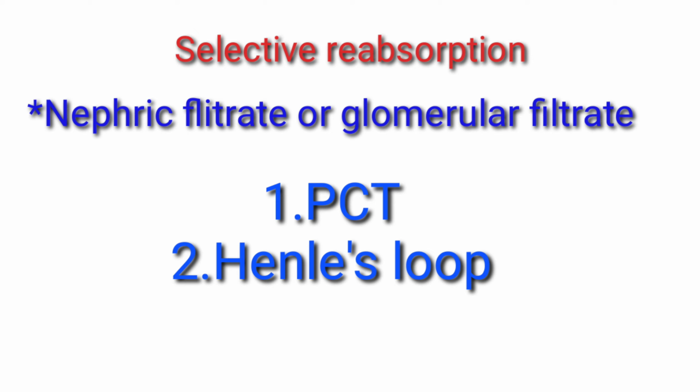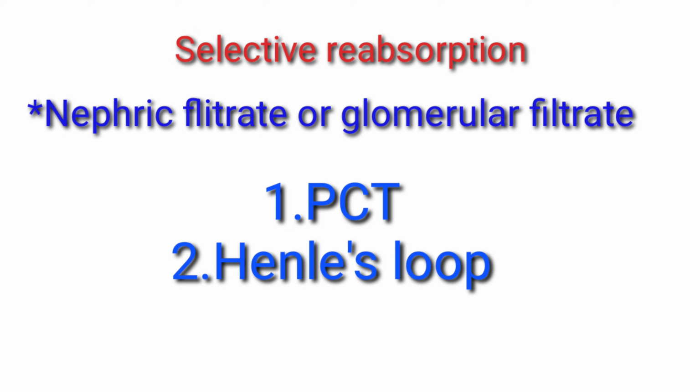Another one, Henle's loop. Here also the reabsorption process takes place. Basically water is reabsorbed back to the blood from Henle's loop, and some of the sodium chloride is absorbed back to the blood from the ascending limb.